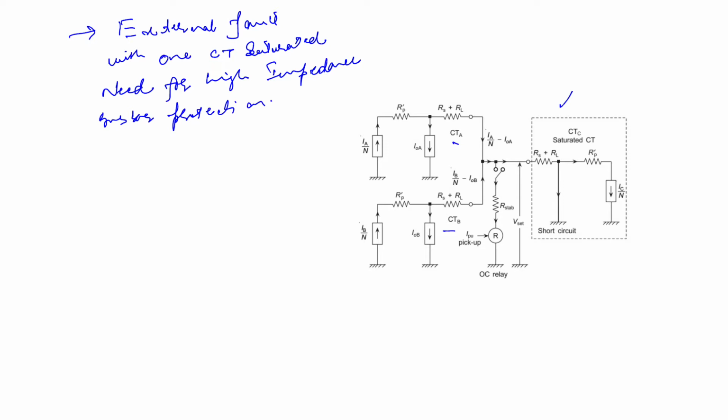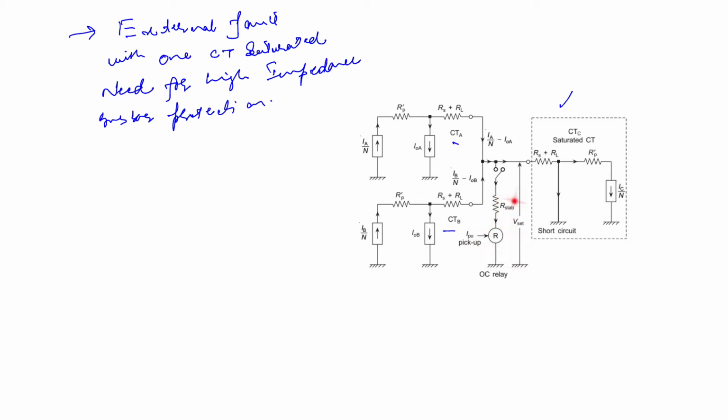So the overcurrent relay needs to be restrained from tripping on an external fault, with one CT completely saturated. We can easily accomplish this by connecting a high resistance, the stabilizing resistance R stabilizing, in series with the overcurrent relay.